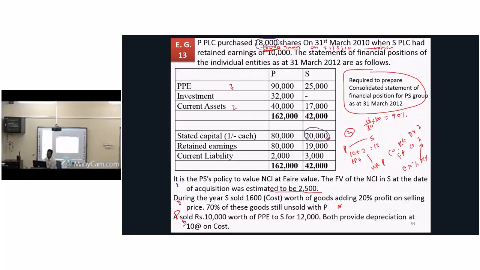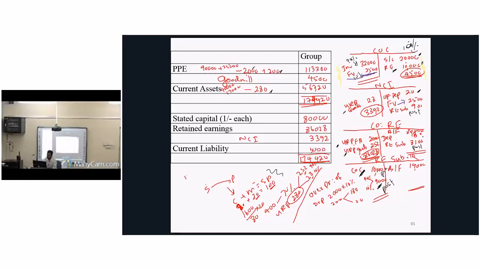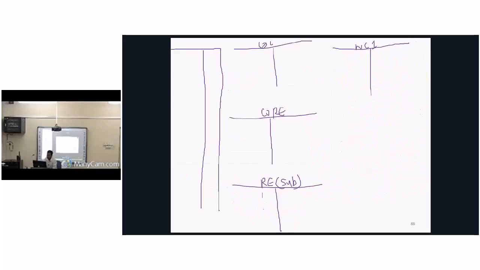First double entry for fair value of NCI, and here you have another double entry actually. You can find it: 10,000 retained earnings on the acquisition date. There you can do subsidiary's retained earnings debit, I'll do it in thousands, 10, and credit to cost of control account, on pre-acquisition retained earnings. That value is given, 10.